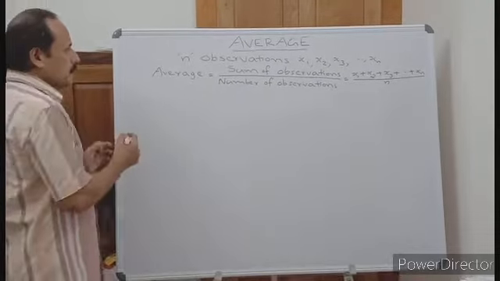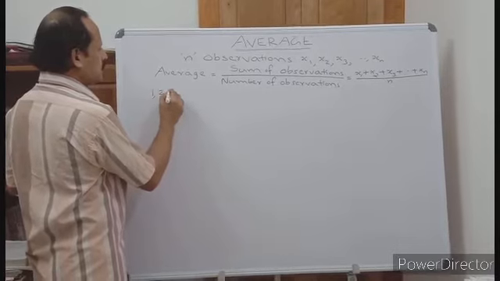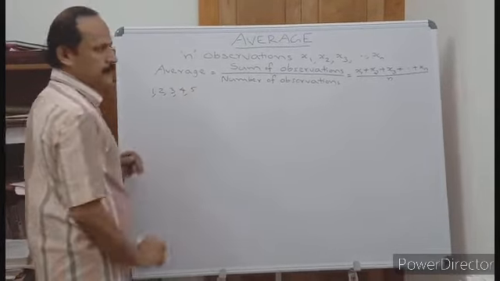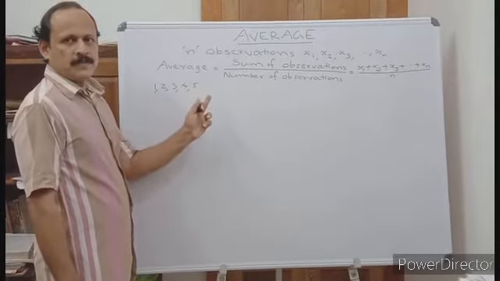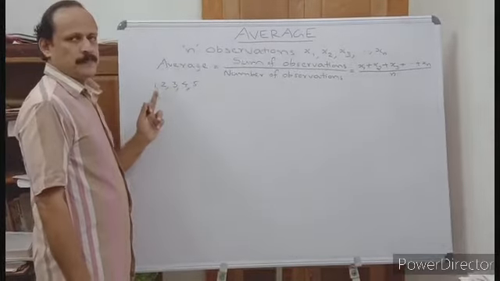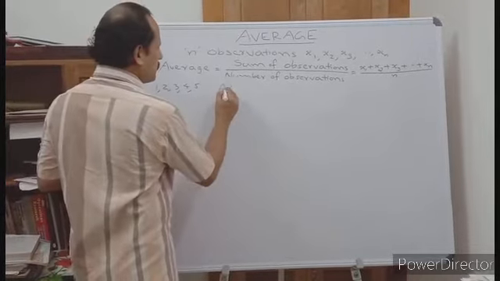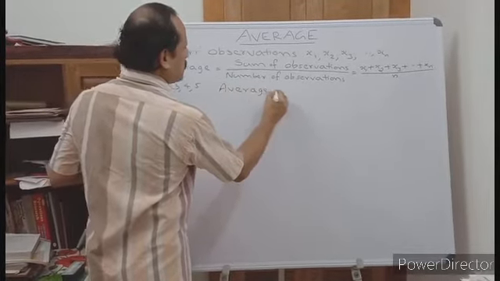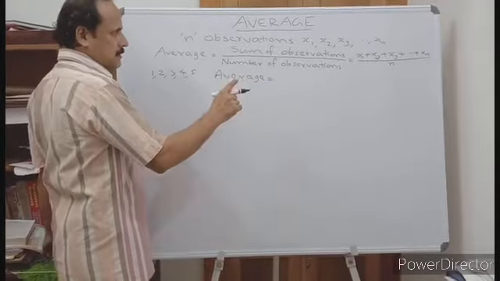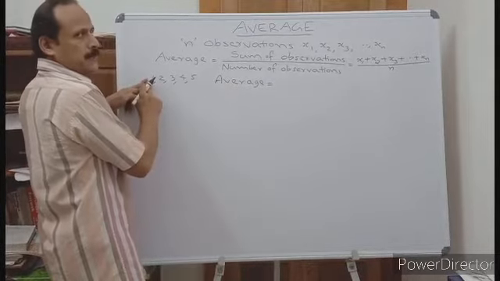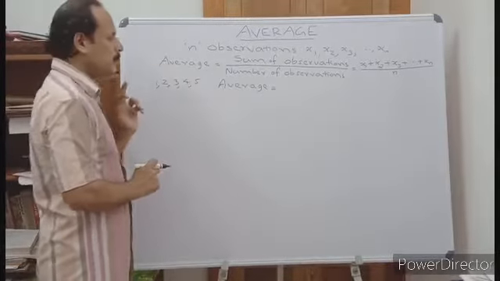For example, take these numbers 1, 2, 3, 4, 5. In school classes you studied that the average of these 5 numbers is 3, and let us verify using this formula. Average is equal to the sum of observations x1, x2, x3, etc., xn by n, where x1 equals 1, x2 equals 2, x3 equals 3, x4 equals 4, x5 equals 5.